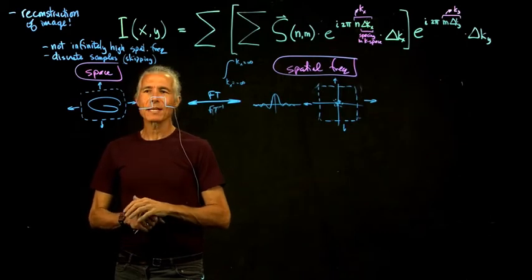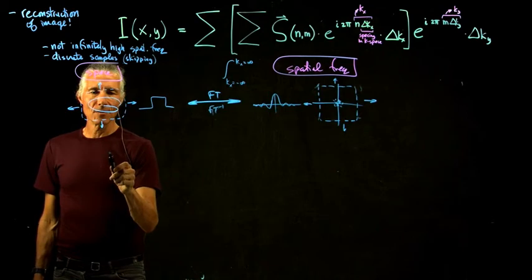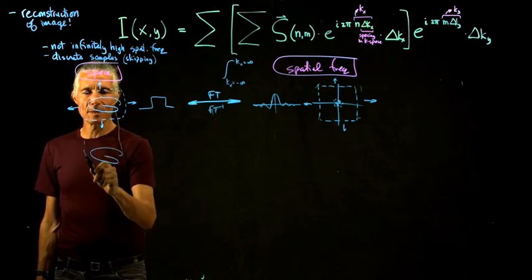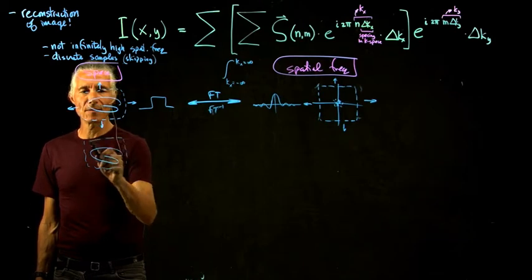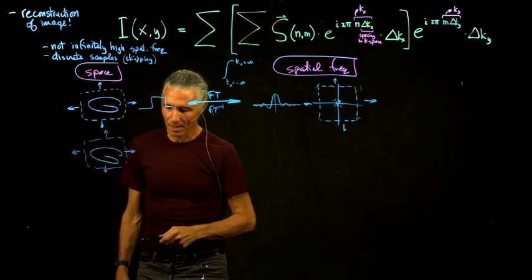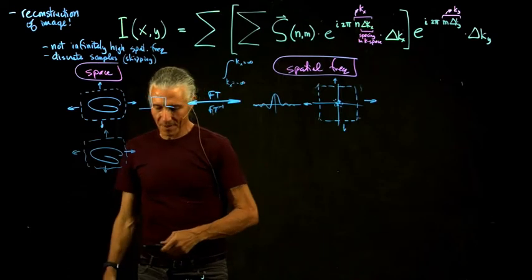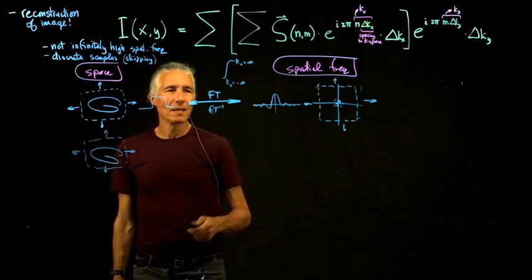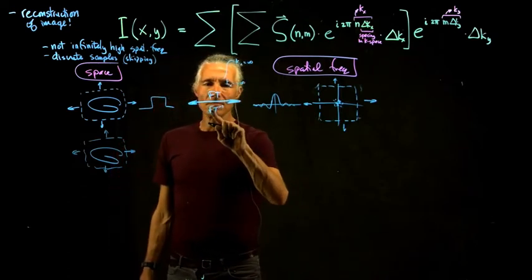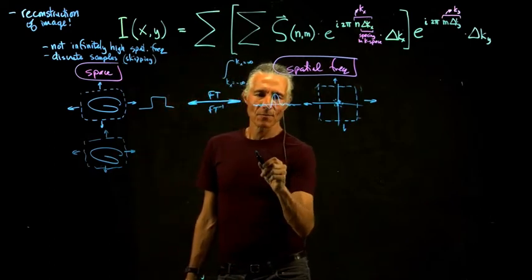So the first thing is just to discretely sample it. So now we've got our brain. We're still assuming it's got an infinite amount of space around it. But we're now just sampling our data. So what does that mean?